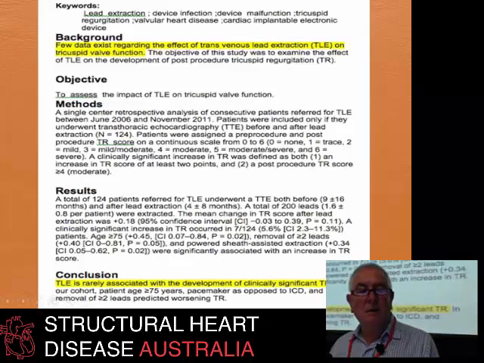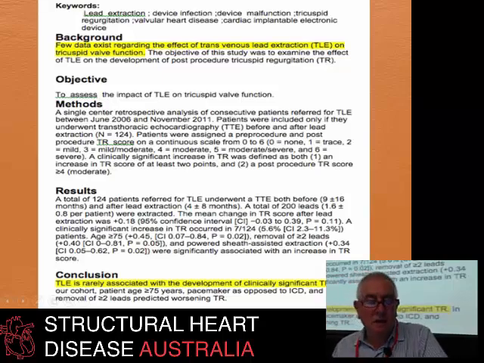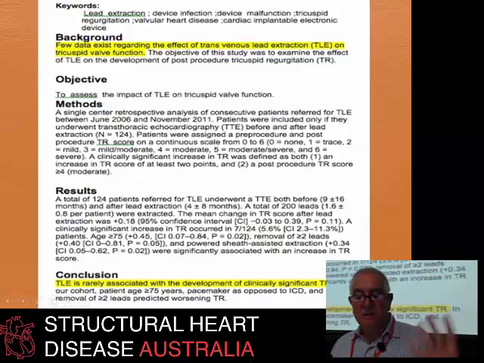Another paper looked at transvenous lead extraction. Essentially what they found was that in patients where the laser was used, there was about a 5.6% risk or incidence of an increase in the TR after removal.